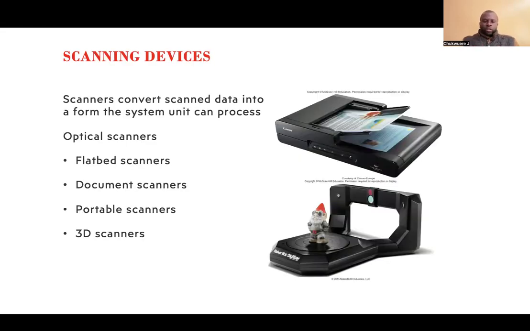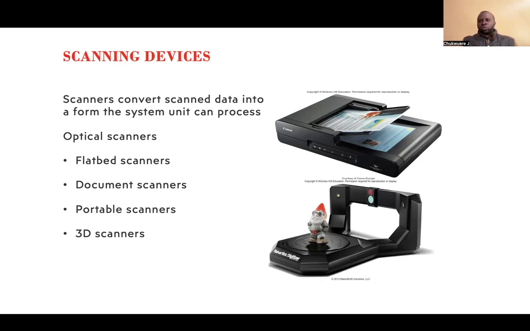Your 3D scanner, for example, scans something, right? How this 3D works is this. Your normal flat scanner scans a document, right? Your document scanner scans a document. You put a paper, and it is able to read it, whether in color or black and white.